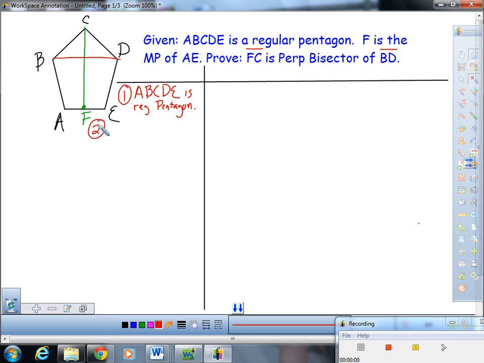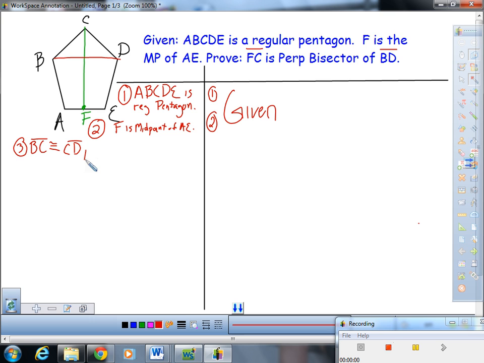And then since I didn't have any room, I'll just add a step. F is the midpoint of AE. Okay, so I will say that BC is congruent to CD.